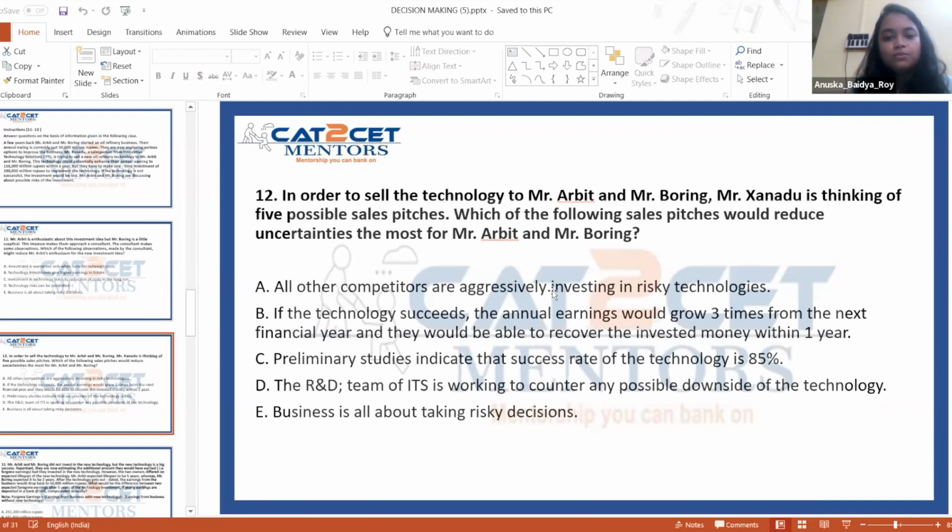So now we come to C. Preliminary studies indicate that the success rate of the technology is 85%. Okay. Now this is a proven fact. Studies indicate that the success rate is 85%. It's a fact. In B, it was if technology succeeds. There is an assumption. If it succeeds, then. But C says that this has an 85% success rate.